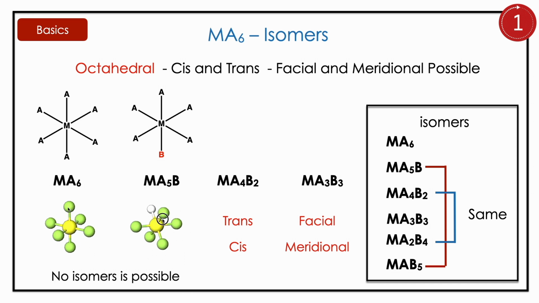But MA4B2 has trans and cis geometrical isomer. Then MA3B3 has facial and meridional isomer. So two different sets, two different geometrical isomers, we will see shortly. So you should know the fact here is that in octahedral system two different types of geometrical isomer are possible.